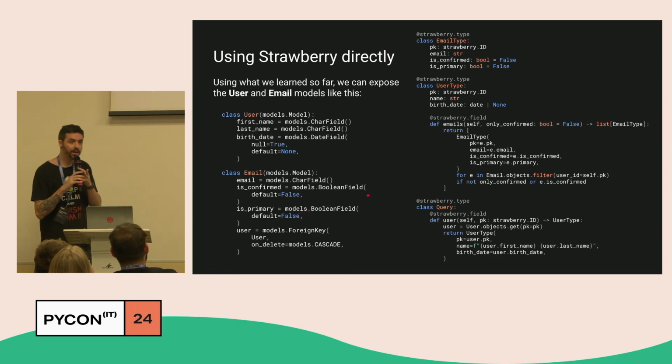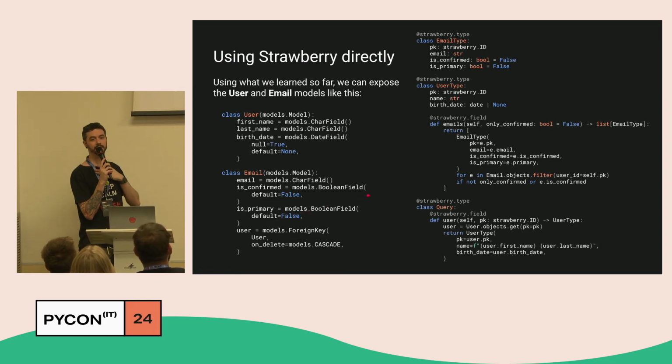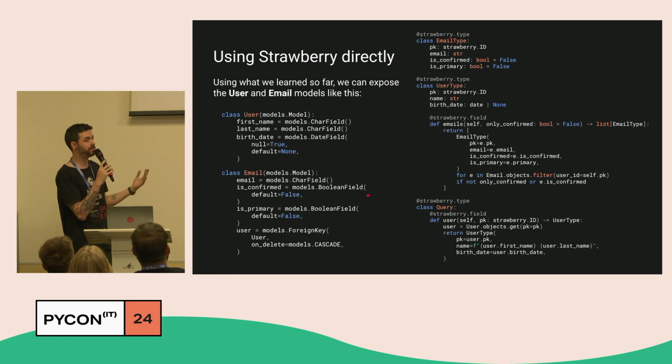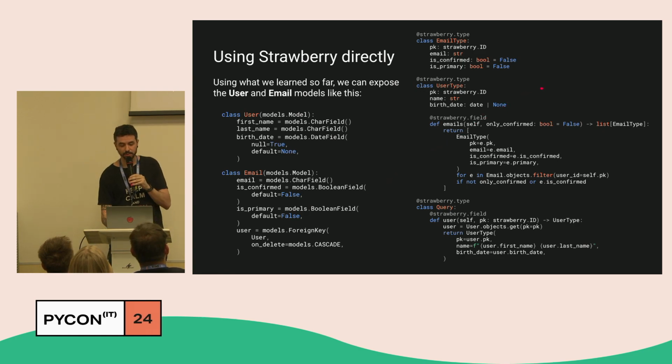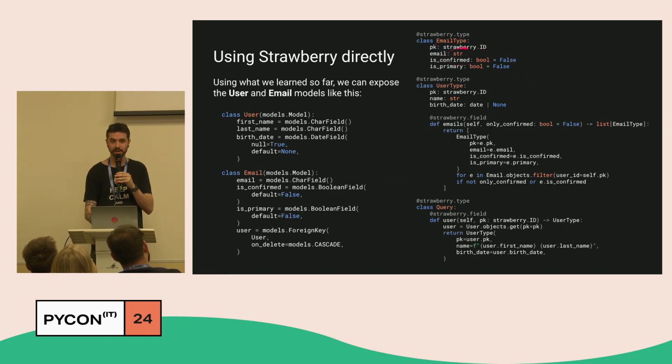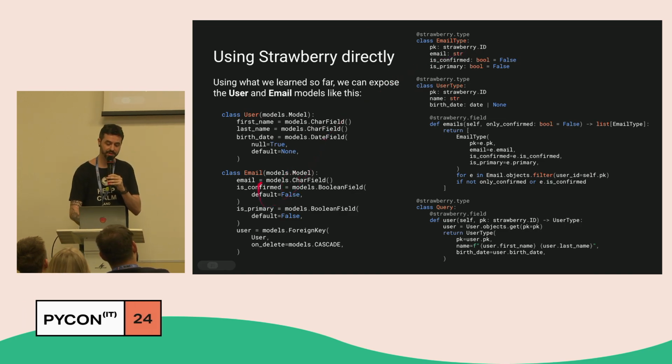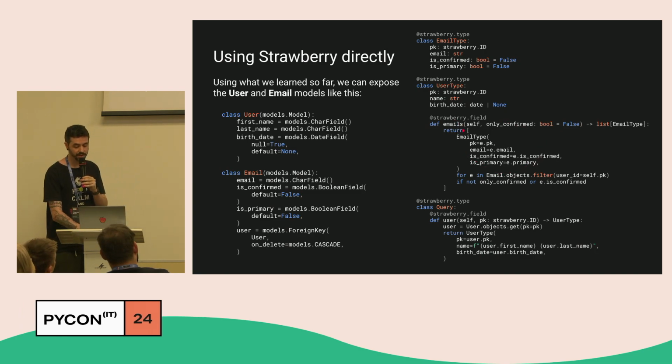And the first thing that we can do is just to use Strawberry directly. So in this case, we're just going to map the type directly. So we can create an email type, mapping it the same way that we have it defined in here. Also the user type.